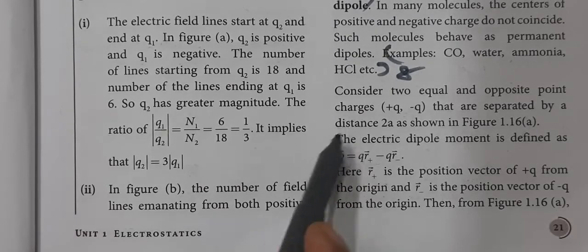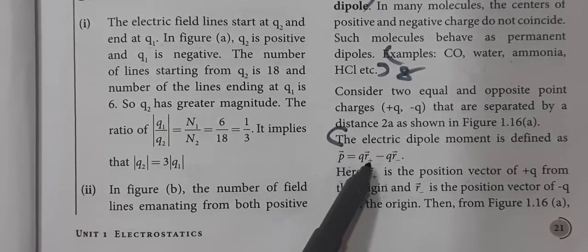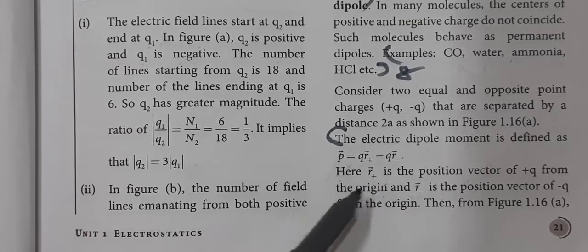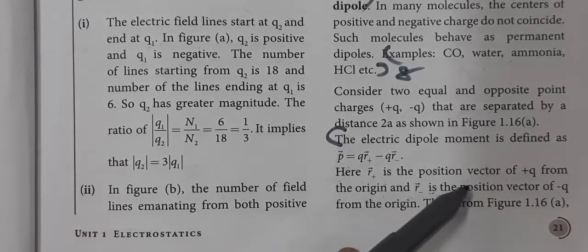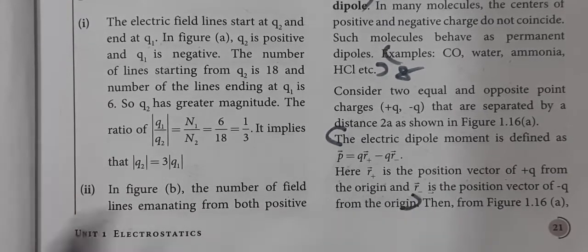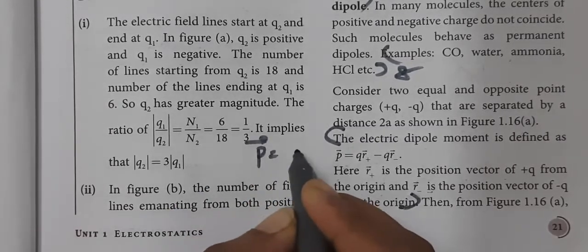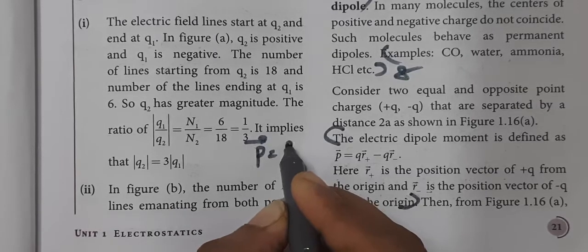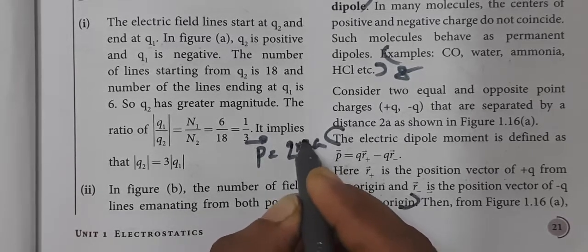Here, the electric dipole moment is defined as P vector equal to Q R plus vector minus Q R minus vector, where R plus is the position vector of plus Q from the origin and R minus is the position vector of minus Q from the origin. Actually, you can write in sentences, the electric dipole moment is defined as the product of charge and the separation between the two charges.